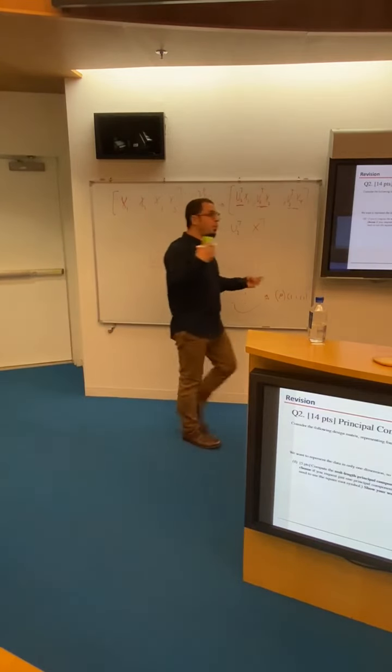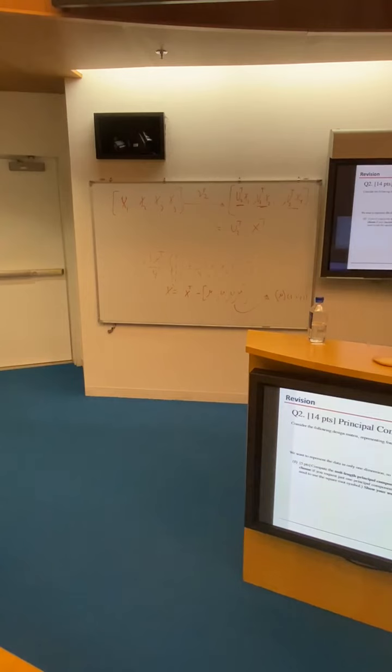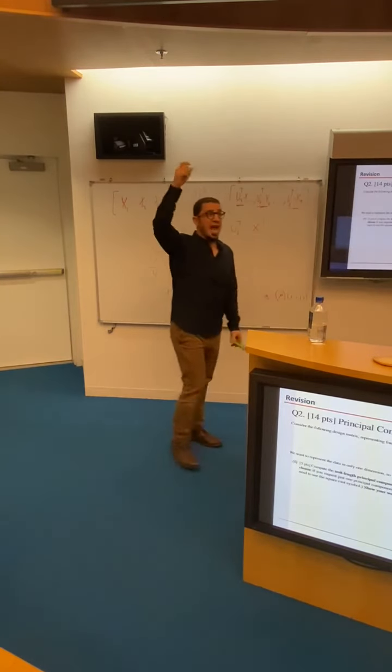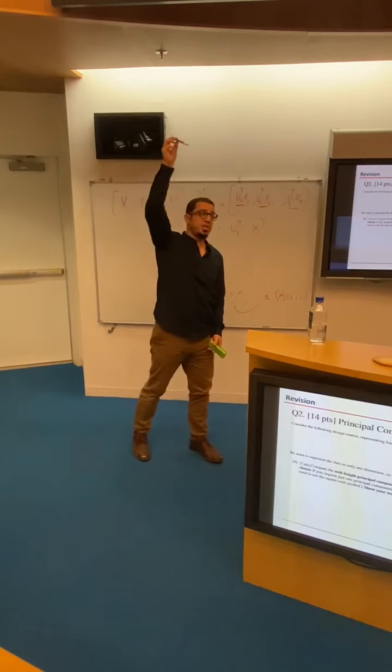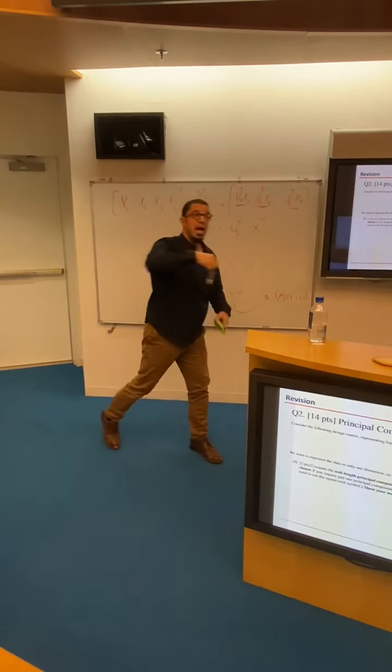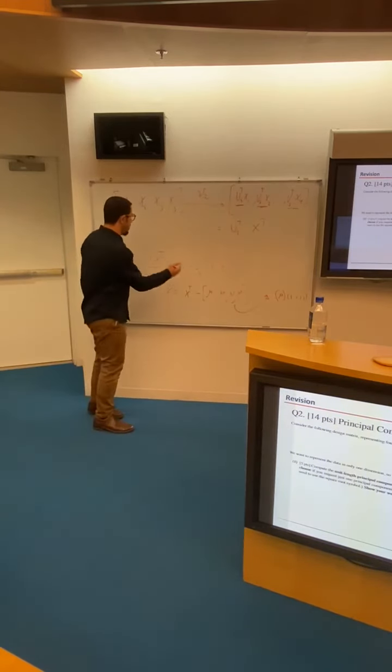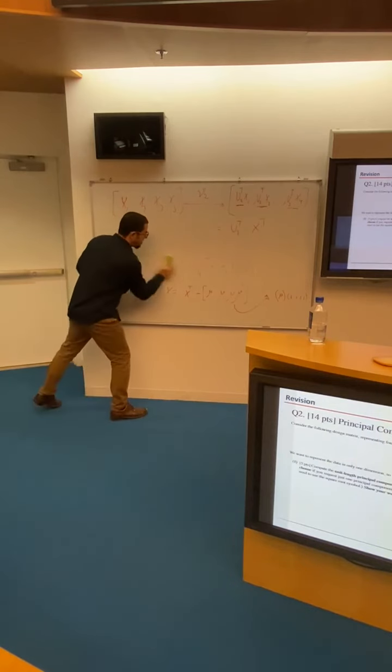Okay. So why are we finding V2? Because the data will be represented only on the direction of V2. So any x1, x2, I have to do the projection on this direction of V2. How do we do the orthogonal projection? Let me remind you.